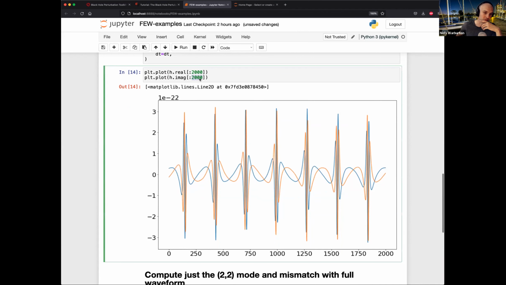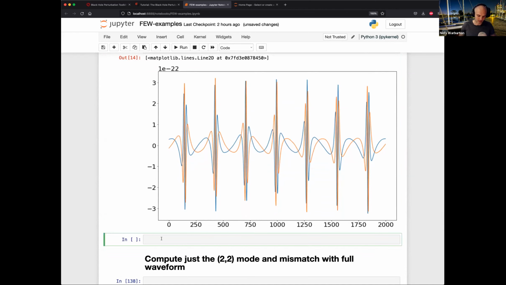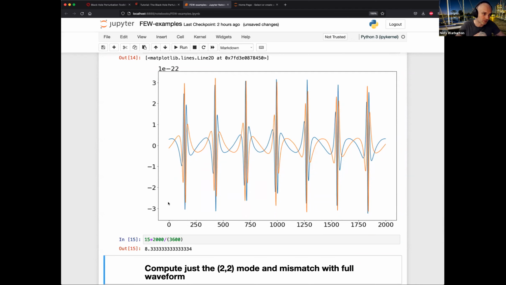And that's just plotting the first, let's see, if we have 15 seconds, we've got 2000 we've plotted, divide that by, there you go, so it's the first 8.5 hours of data you'd expect in LISA for an EMRI.